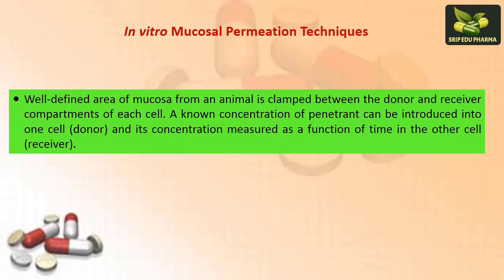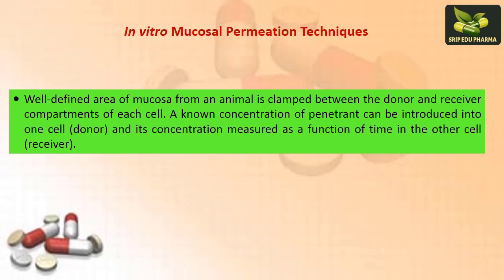Dear students, now a question may come again: what is the technique by which we can perform in vitro mucosal permeation? Basically we use two types of diffusion chambers or permeability chambers, that are horizontal type and vertical type. Under the category of horizontal comes the Ussing chamber, and under the category of vertical comes the Franz diffusion cell. Diffusion cells are very useful to measure the transmembrane flux of a substance across a mucosa and to study the effect of absorption enhancer on the membrane.